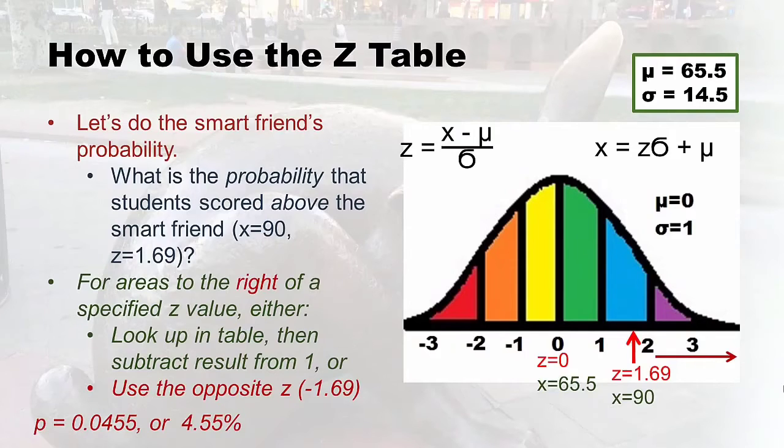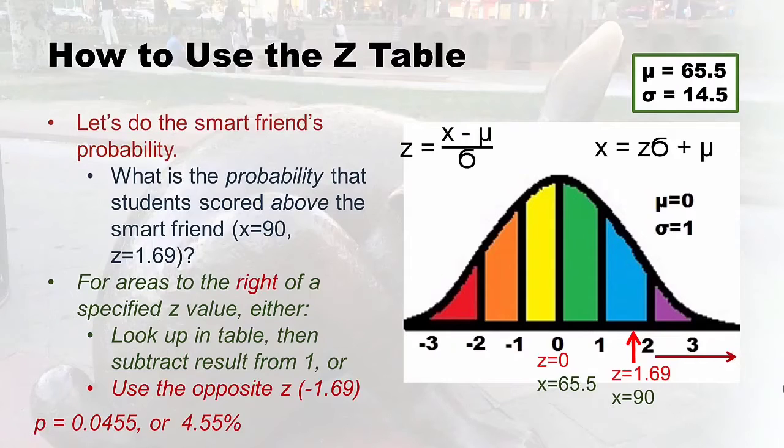Because we know that the little piece above z equals 1.69 is not 95% of that curve. That's over 50%, and we can tell that little tiny piece is under 50%. If you accidentally do the first way and forget to subtract from 1, maybe if you check it against your normal curve drawing, you'll realize, oh, I made a mistake.